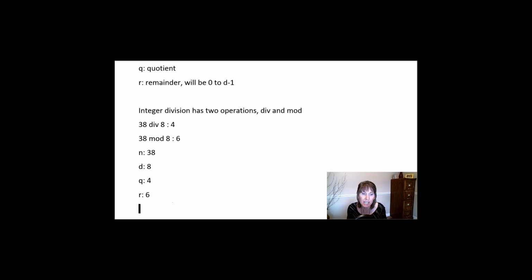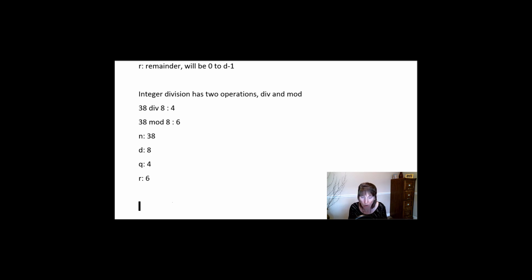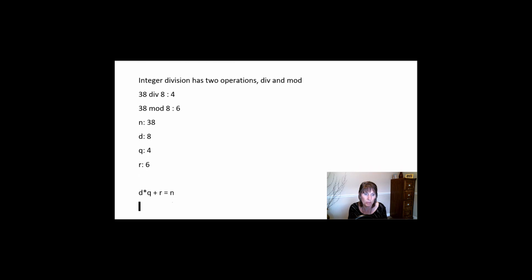Now we can test them because it is always the case that the divisor times the quotient plus the remainder is equal to the original number. So let's do that.